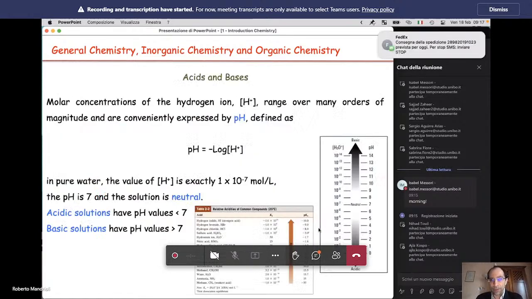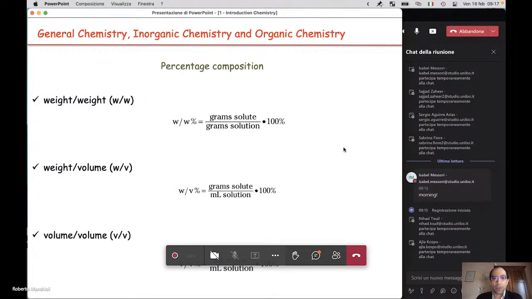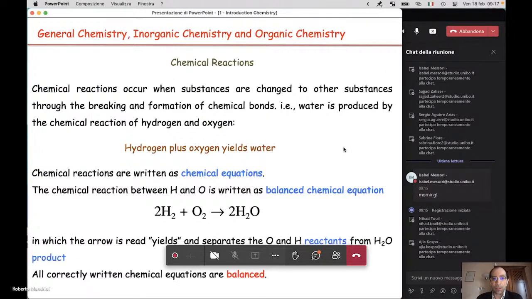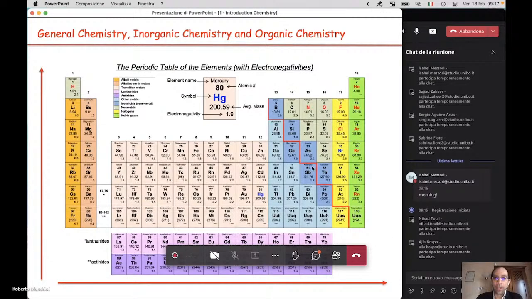Since right now we will go on with the organic chemistry, I want to go back a bit here to the periodic table and take a look at this part, the non-metallic elements.